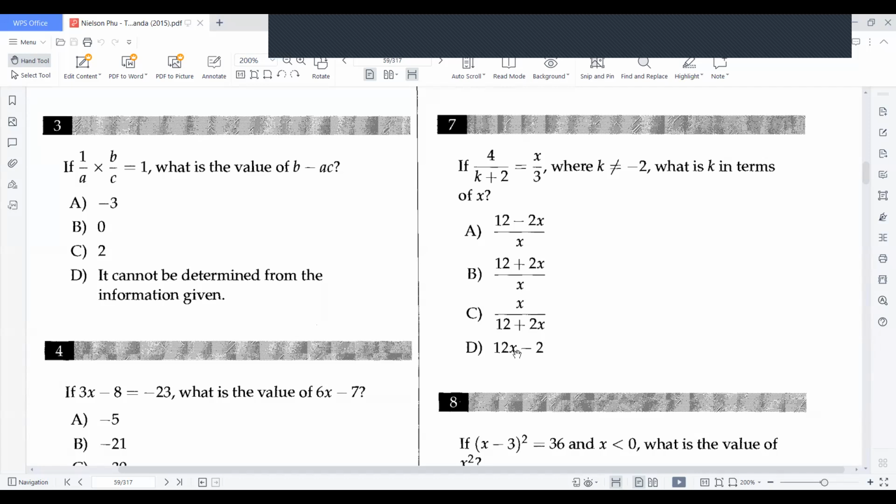No, but it's 12 over x, not 12x. You said 12 over x minus 2 is equal to k, right? So which one of these is saying 12 over x minus 2? So that's A.